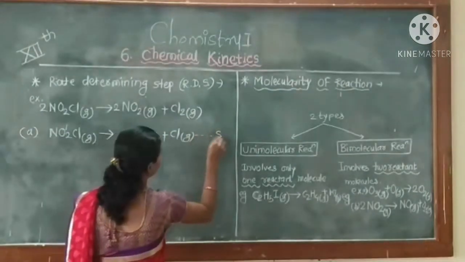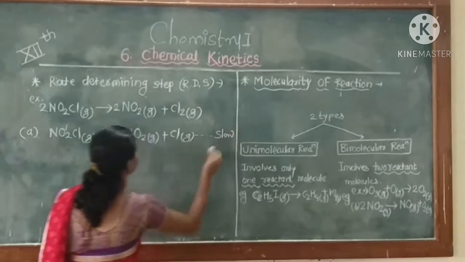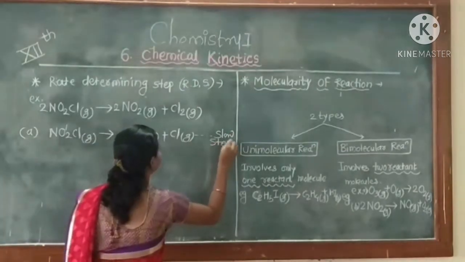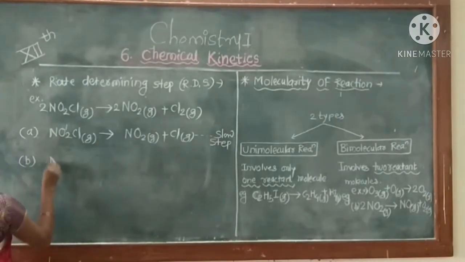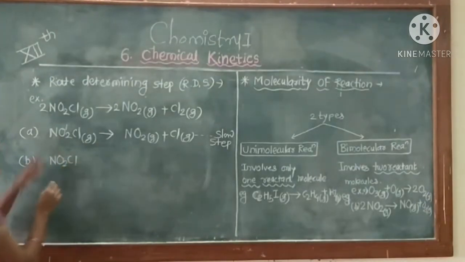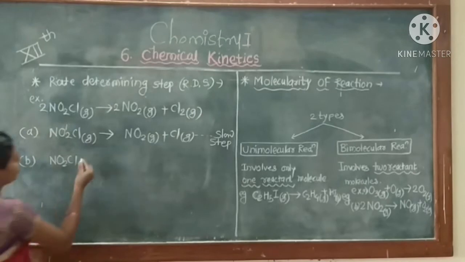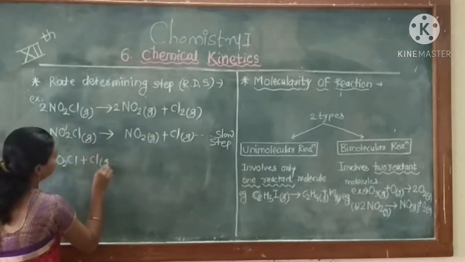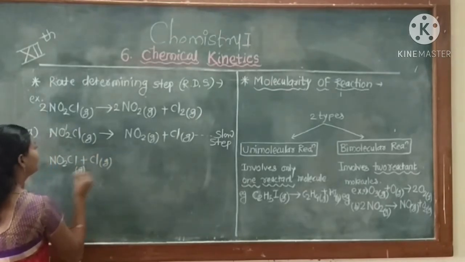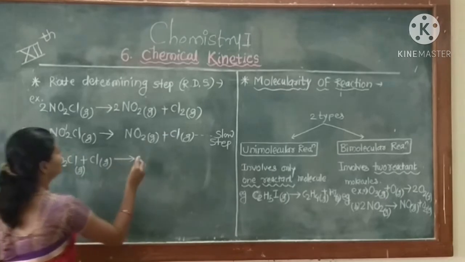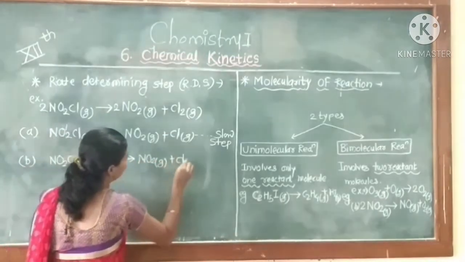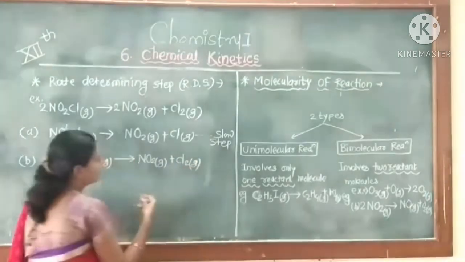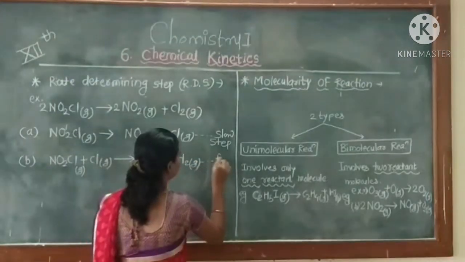This is a slow step. In the second one, the next molecule of NO2Cl combines with chlorine gas and gives nitrogen dioxide gas plus Cl2 or chlorine gas. This step is the fast step.